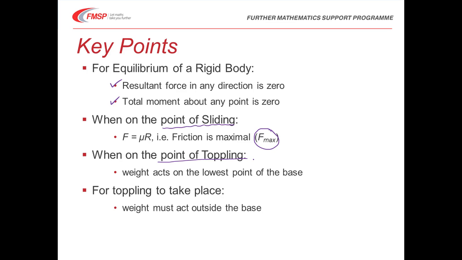If, for example, it's a crate at rest on an inclined plane, then the weight force will be acting through the lowest point of the base when it's on the point of toppling. And for toppling to take place, the line of action of the weight must be outside the range of points where the rigid body is in contact with the surface in question.